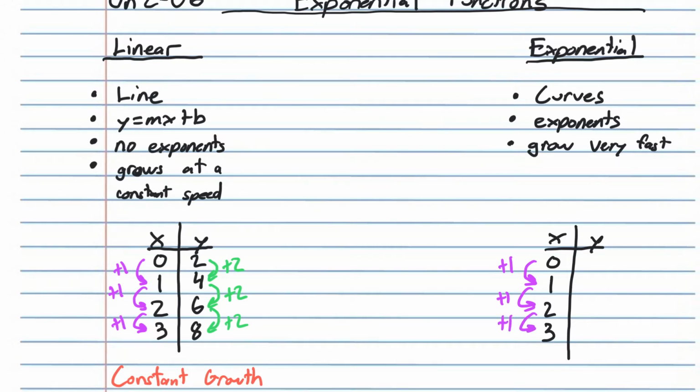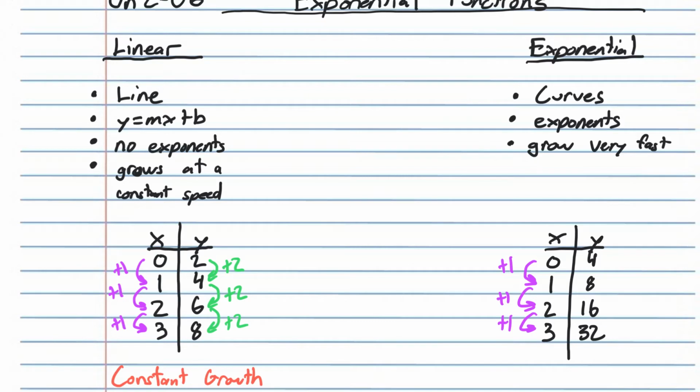But because it's exponential, we should see that the outputs are growing very fast. Again, I'm not writing the actual equation in here, but let's say these were your output values. So 0, 4; 1, 8; 2, 16; and 3, 32.